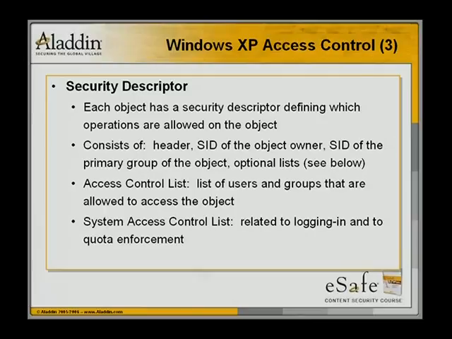So the system access control list is not really an access control list of a folder. It's more likely an access control list of a whole volume or a whole drive. So let's say I have the C drive and it has 20 gig of free space. I would want to create some kind of quota enforcement system that won't allow users to upload files more than the amount given to them.